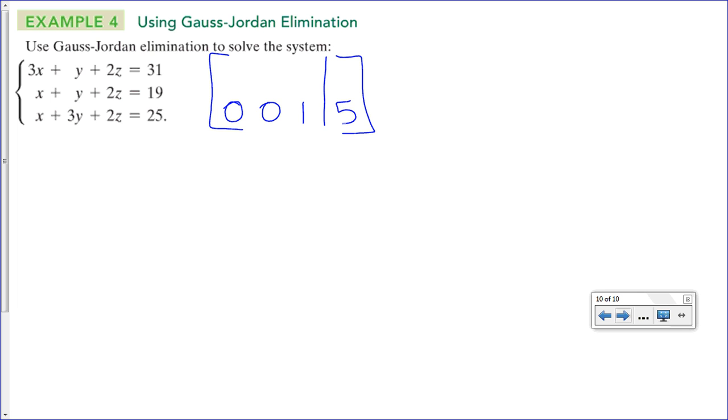I think this was a 5, right? Okay, so the first row. Okay, a 2? Okay, so the first column is done for us.